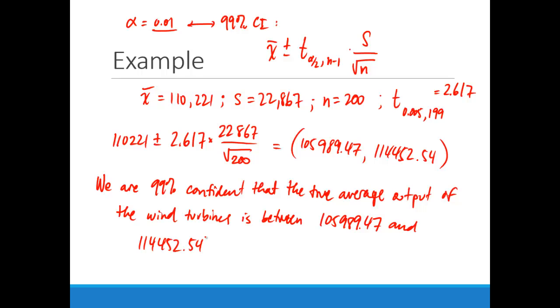What are our units here? Kilowatt hours. Okay, so again, we're 99% confident that the average output of the wind turbines is between about 106,000 and about 114,400 kilowatt hours. And we're done. So that's all we do here.